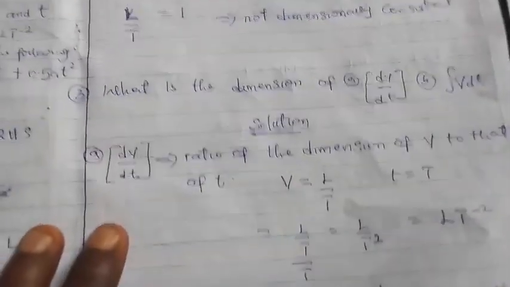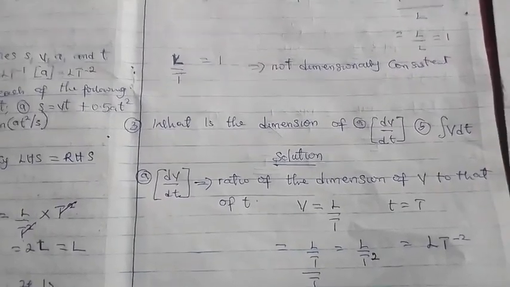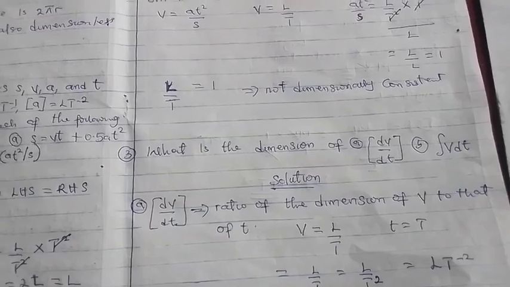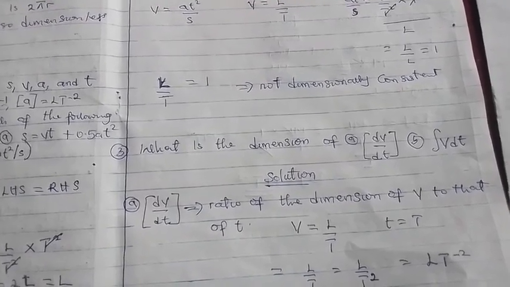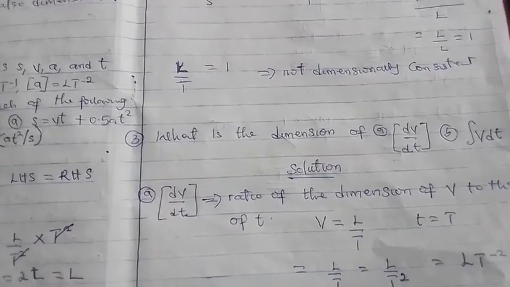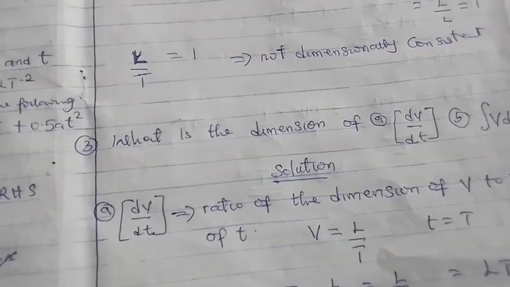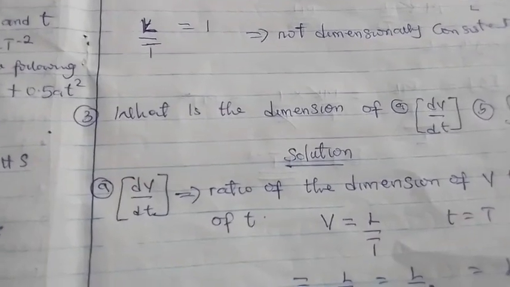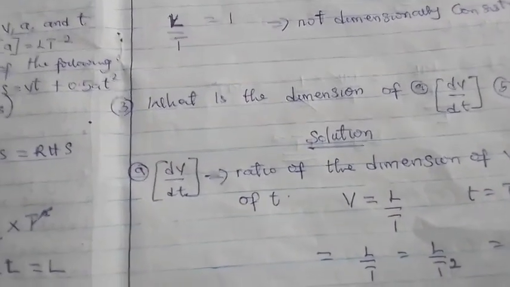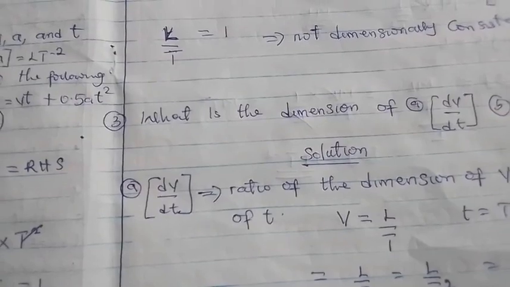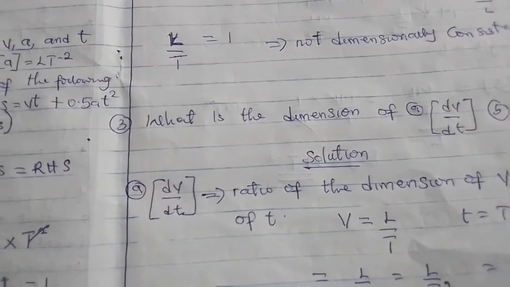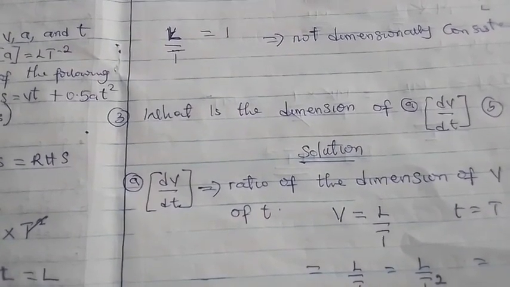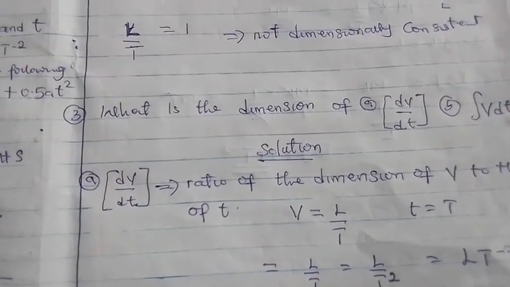And number 3, A, what is the dimension of dv/dt? And B, the dimension of the integral of v dt. Now, dv/dt: when we want to find the dimension of the derivative of any physical quantity, we neglect the derivative. We only look at the physical quantity. What you have there is v and t, so the dimension will be the ratio of the dimension of v and t.